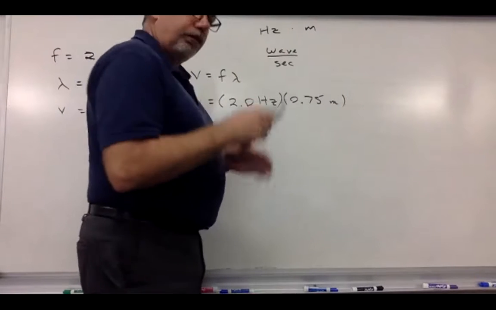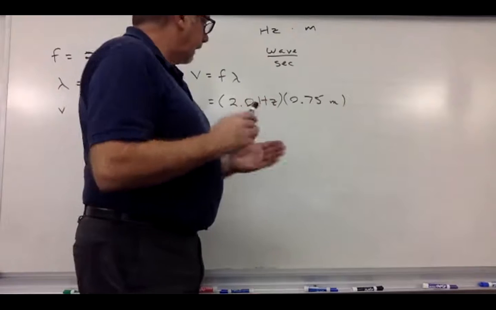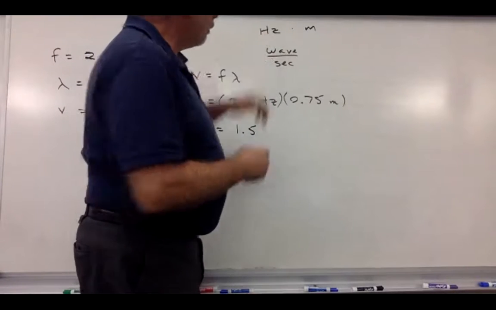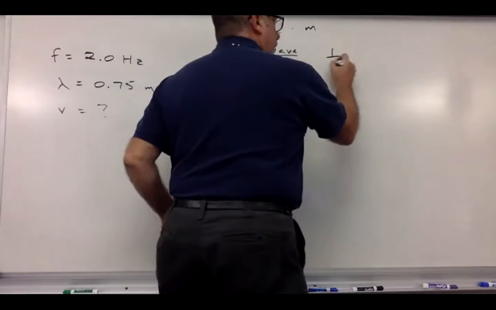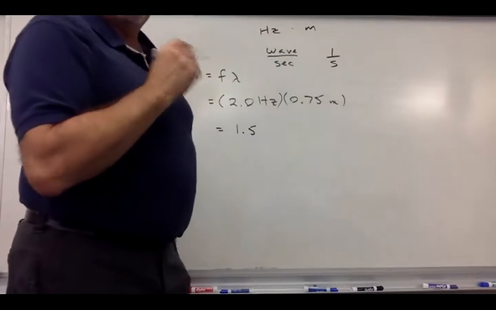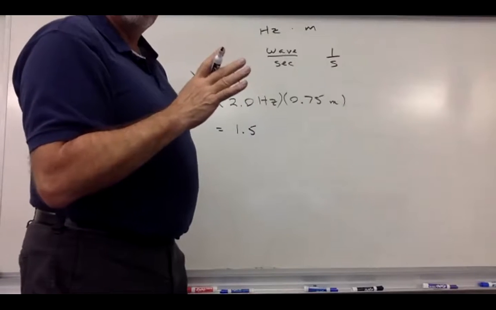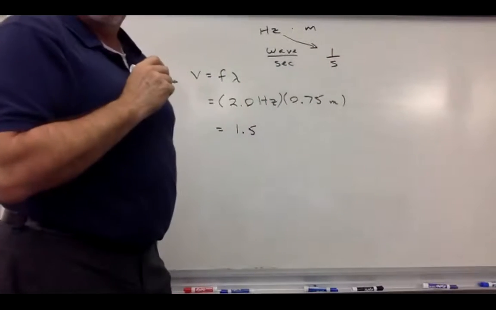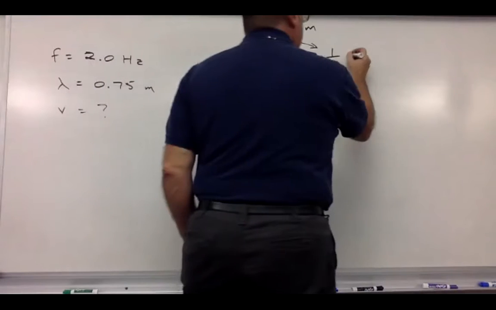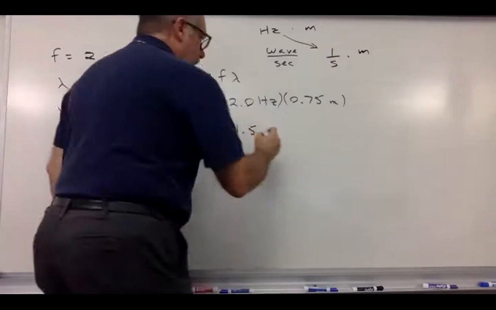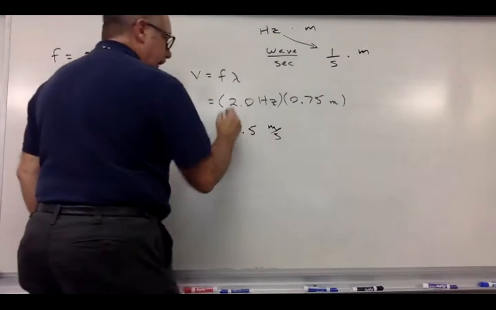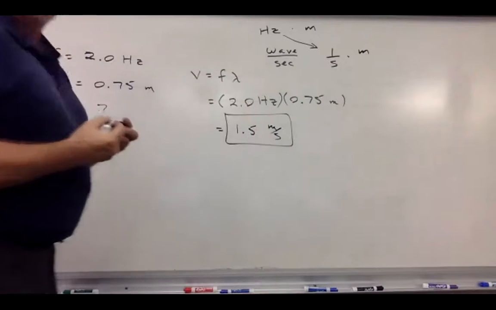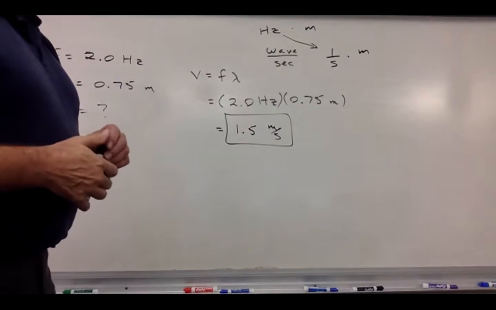For the purpose of canceling out units, a hertz is just 1 over seconds. If I multiply that 1 over seconds times a meter, what we get is meters per second, and that would be the speed.